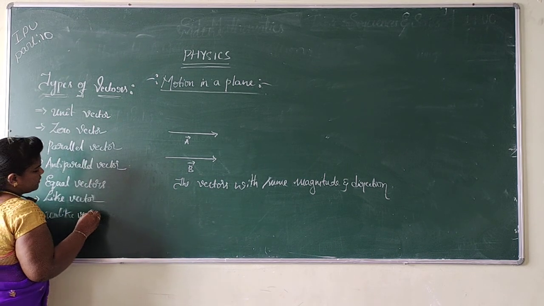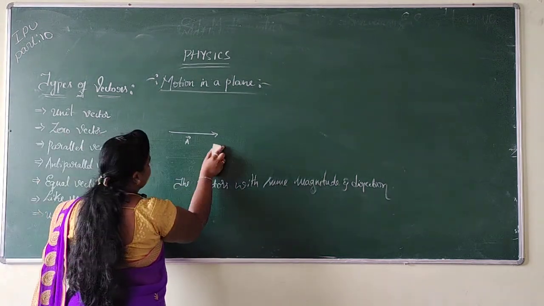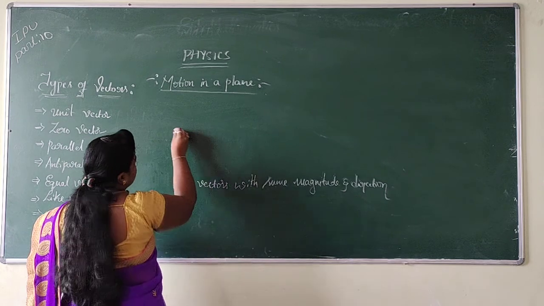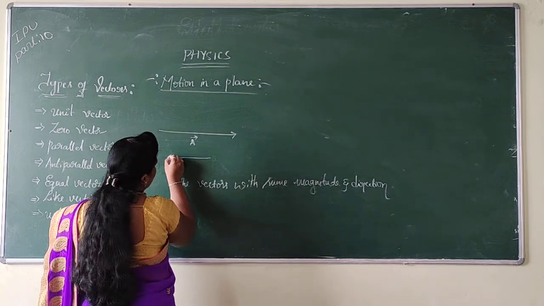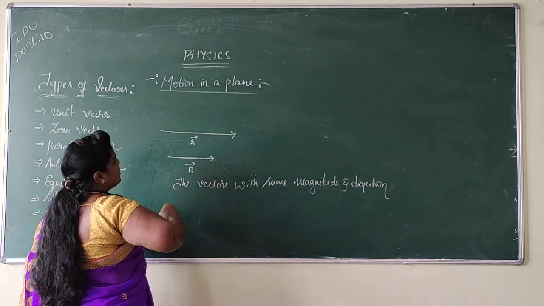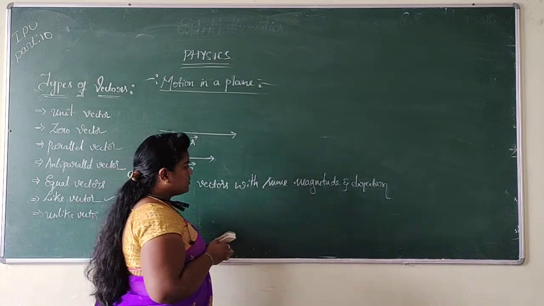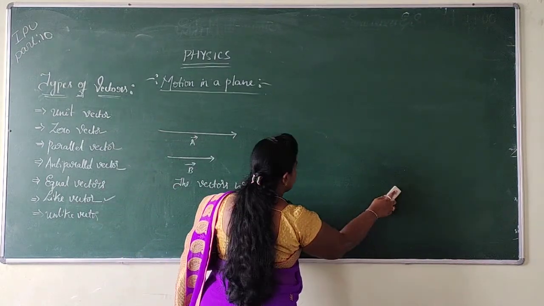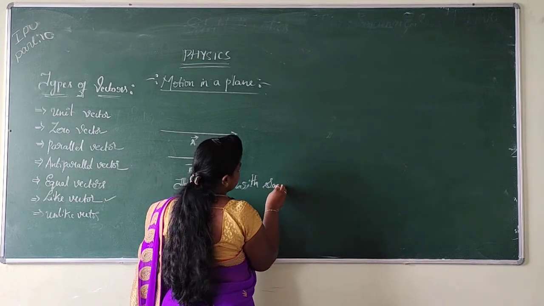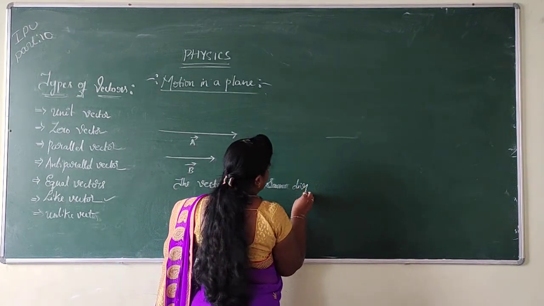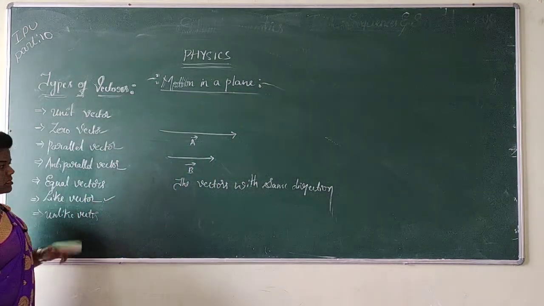Now I am discussing like vectors, right? What are like vectors? You are not going to bother about the magnitude. We are going to bother only about the direction. The vectors with the same direction, moving in the same direction, are called like vectors.